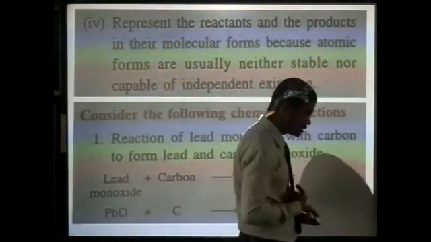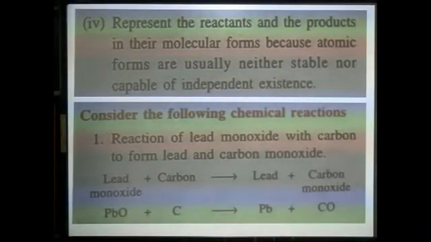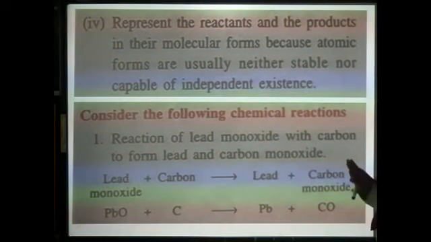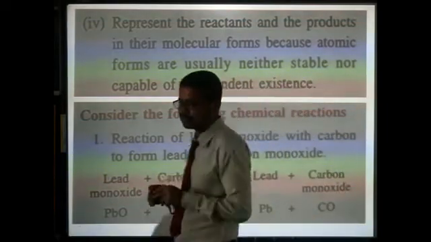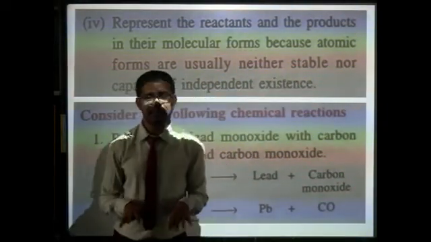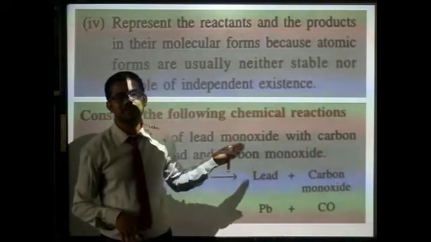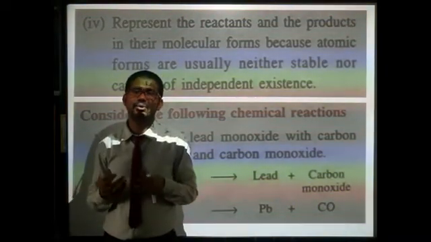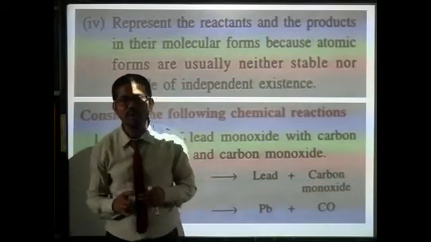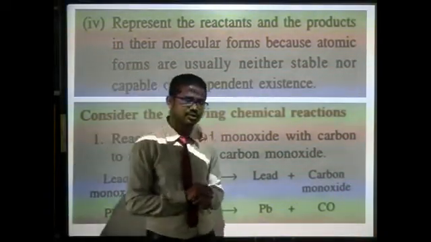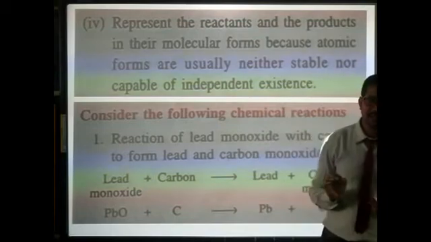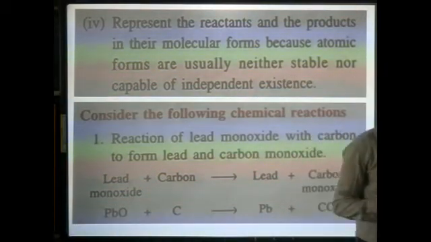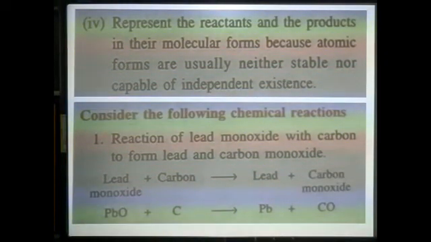Just before this I told you, while writing a chemical equation we emphasize writing molecular forms, because atomic forms may or may not be stable, and they have no independent existence. This is the reason why while writing a chemical equation we write the molecular formula and not the atomic form.